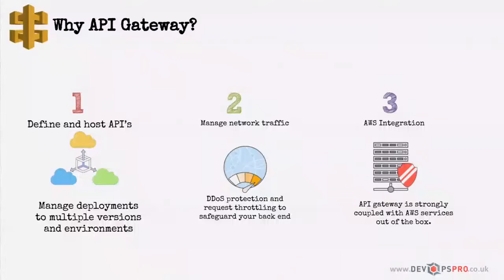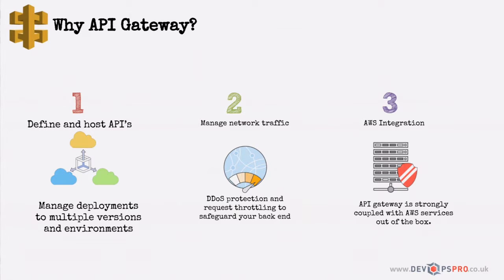So why do we need API Gateway? As I said, it defines our APIs and the backend calls that these API calls will do. It manages the deployments. We can have multiple environments based on those endpoints.